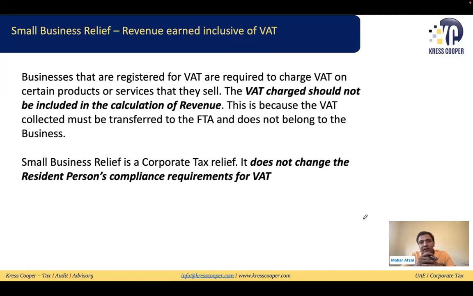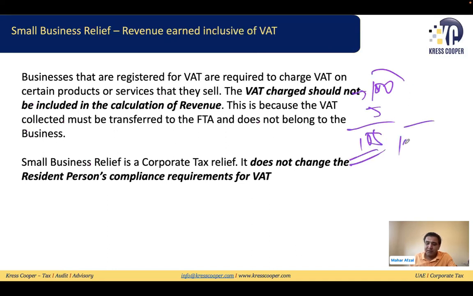Revenue earned inclusive of VAT. We all know this: the revenue with VAT is 105, or the second possibility is the bottom line VAT inclusive is 100, with 4.76 VAT and the difference is 95.26.